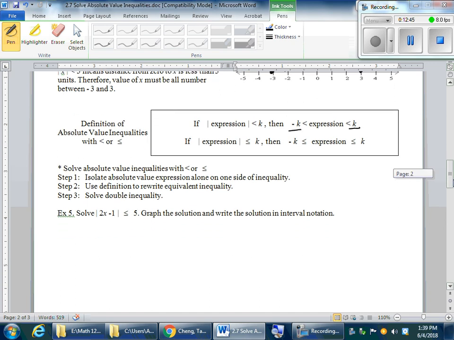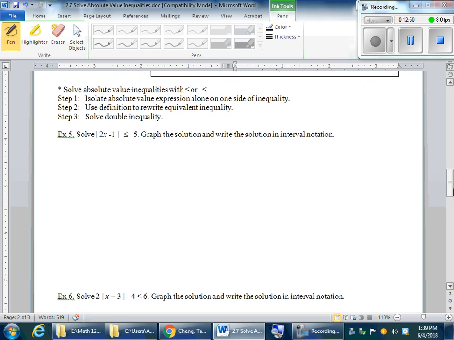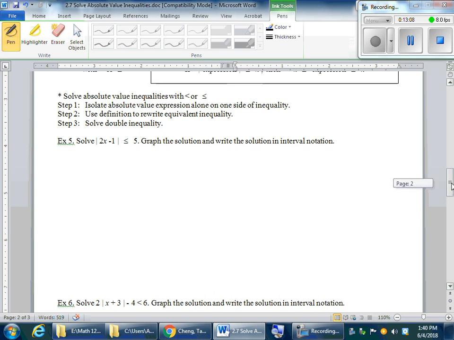So let's take a look at example 5. Solving absolute value of 2x minus 1 is less than 5. So we isolate the absolute value by itself already, so therefore it is okay to apply the equivalent statement. So let's go back a little bit up.